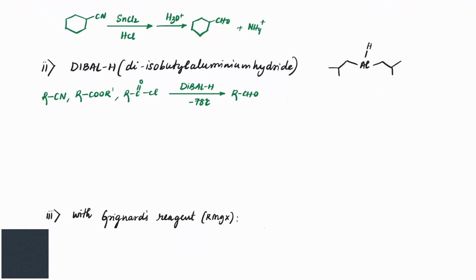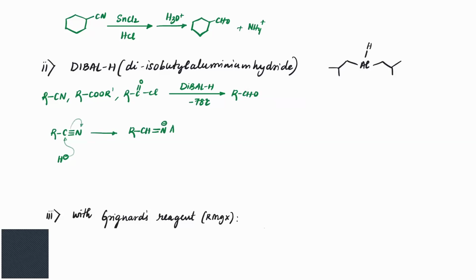Okay, so typically, if you take cyanides also, for example, C triple bond N, and DIBAL-H is an H minus provider. So this H minus will go attack here. This bond will move, and you will get this as R CH double bond N minus.